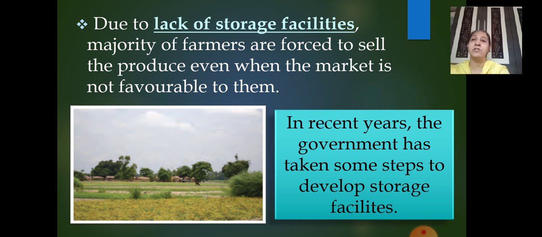At that time they have to sell their produce in the market because they don't have any storage facility. That is the reason, whatever the rate is in the market, they have to sell at those prices only. But in recent years the government has taken some steps to develop the storage facilities.